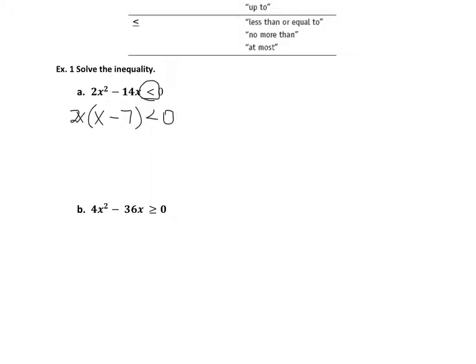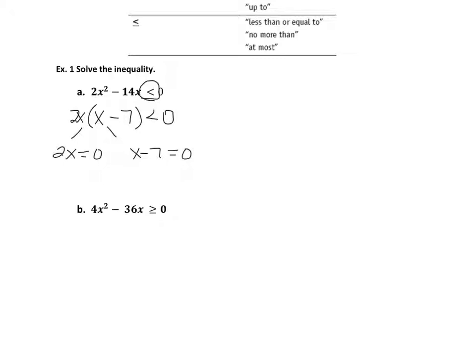And so here's what your equation is going to look like now that you have factored it. So what I'm going to do is I'm going to take each one and I'm going to set them equal to 0. So 2x equals 0. x minus 7 equals 0.